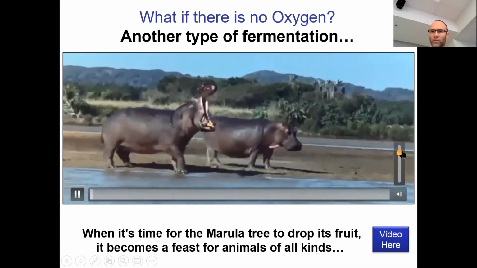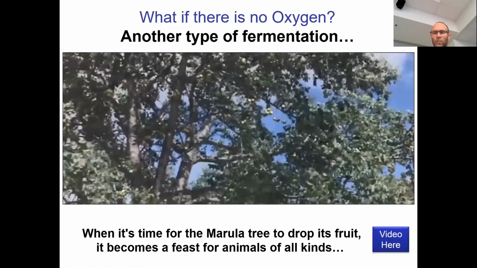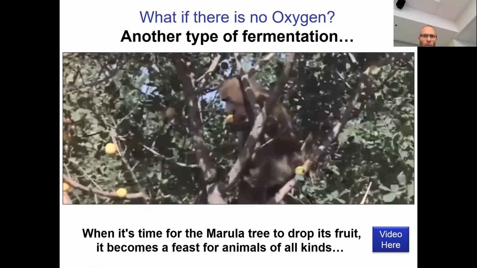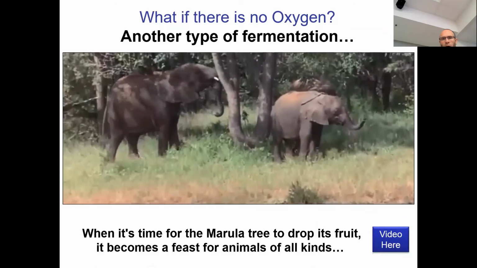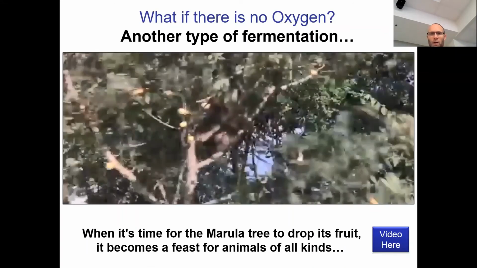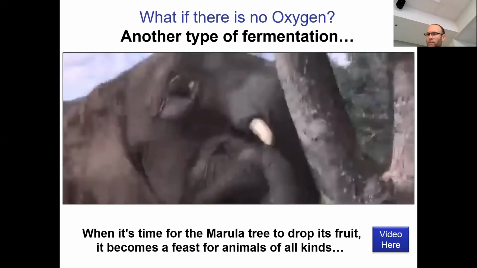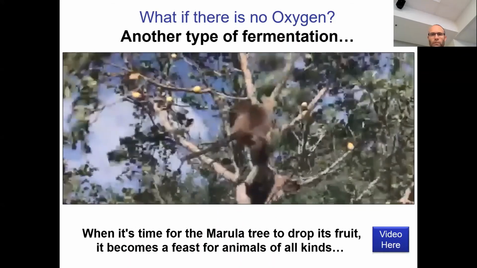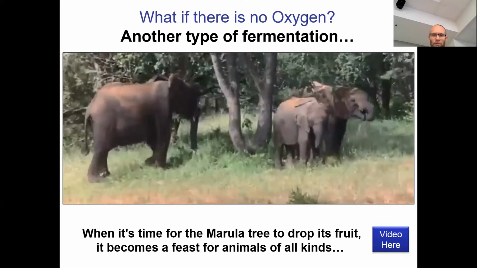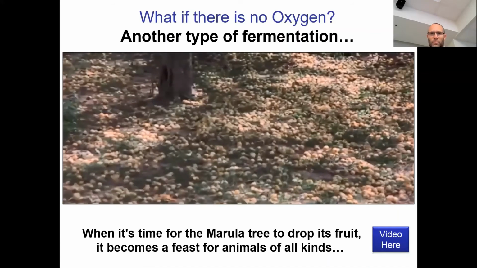The only excitement in their lives comes in high summer, when the marula trees are in full fruit. At first, the marulas are very tasty and hard to get at. You have to be either agile or strong to get your share. But after a few weeks, the marulas get overripe and they start dropping from the trees.